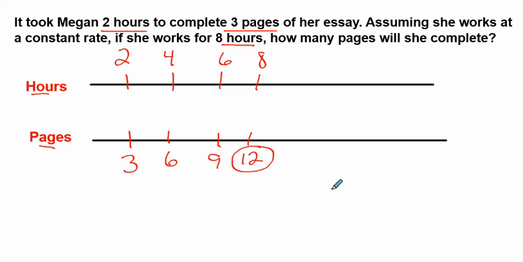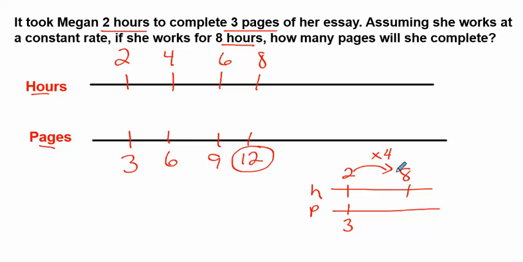Okay. Now, some of you might say, well, I'm going to do it a little bit easier here. I did my hours and I did my pages and I got my 2 to 3 ratio. But I kind of did an easy way here. If I know that I want to get to 8 hours, instead of skip counting up here, I'm going to think, well, how did I go from 2 to 8? Didn't I just multiply by 4?